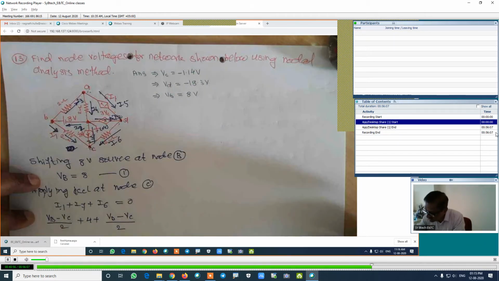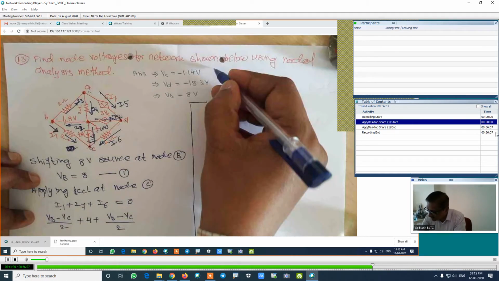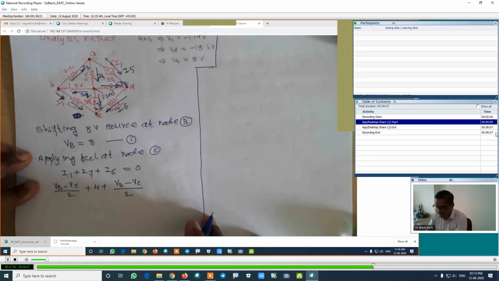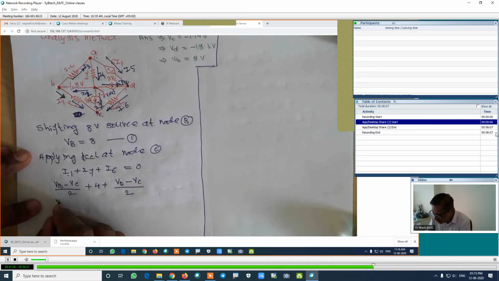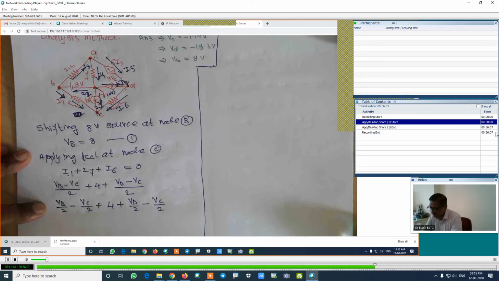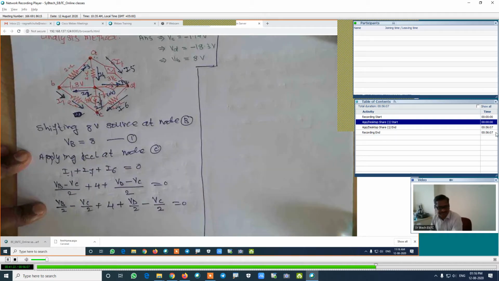Simplify this equation and name it equation number 2. If I am simplifying this equation, this will be VB divided by 2 minus VC divided by 2 plus 4 plus VD divided by 2 minus VC divided by 2, which is equal to 0.